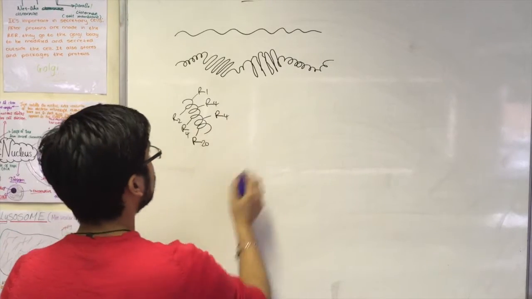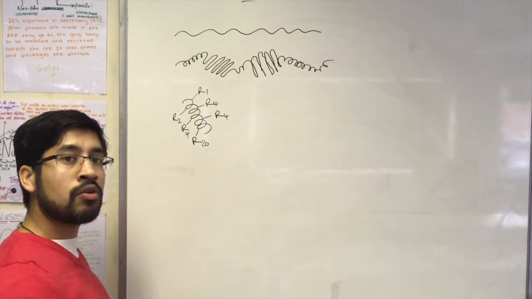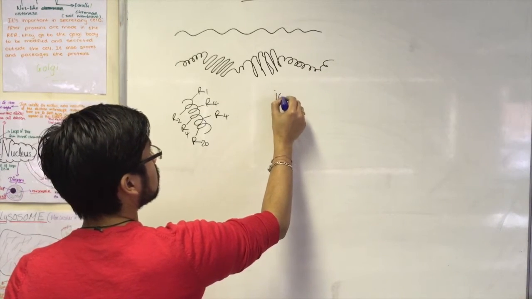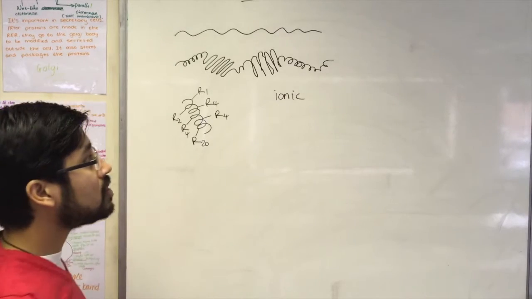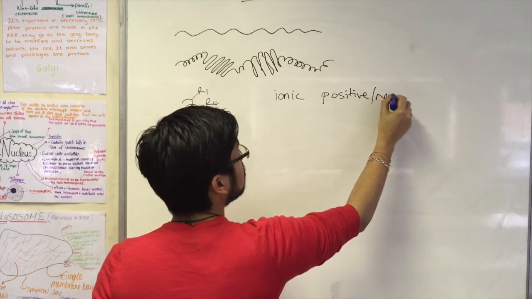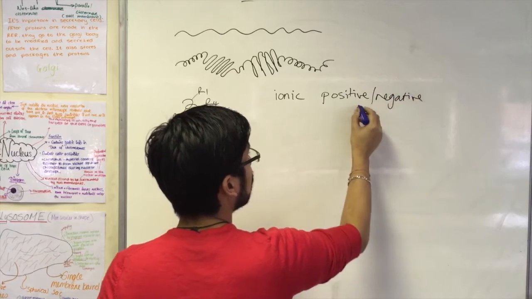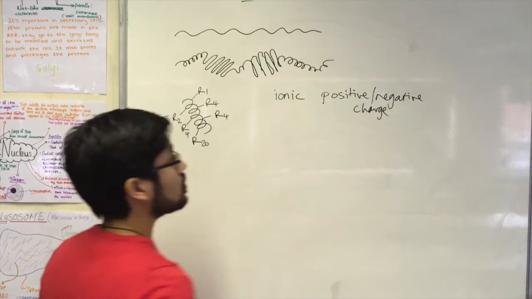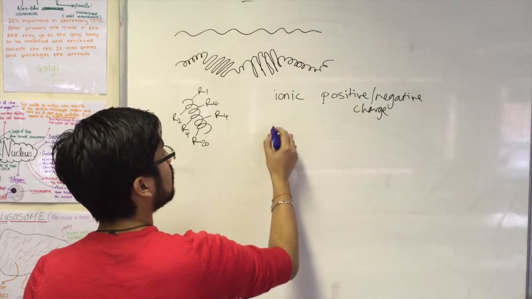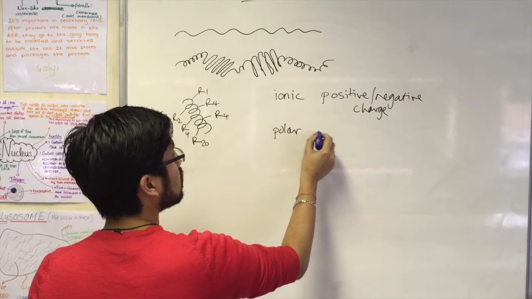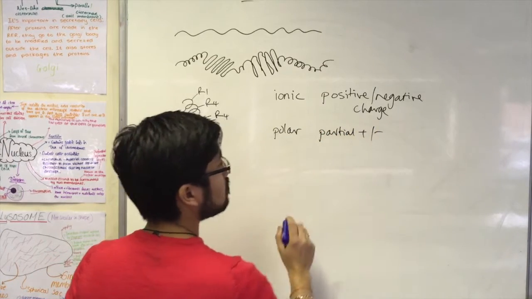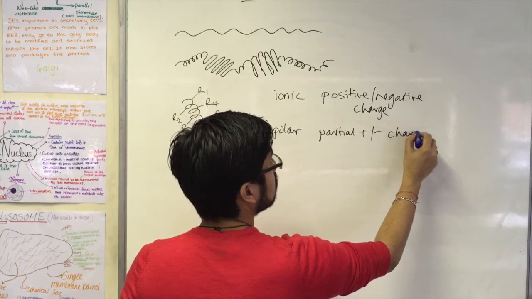So let's just do a quick review of the properties that these R groups can take. Some of them will be ionic, which means they will have a positive or a negative charge. Some of them will be polar, which means they've got partial positive or negative charge.